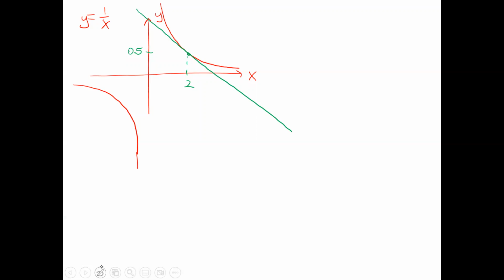But we know just 1 point. That means I will pick a value. I would like to make it clear, 2.5. This is my second point. The nice thing is we have 2 points. The value for the reciprocal of 2.5 will be 0.4.